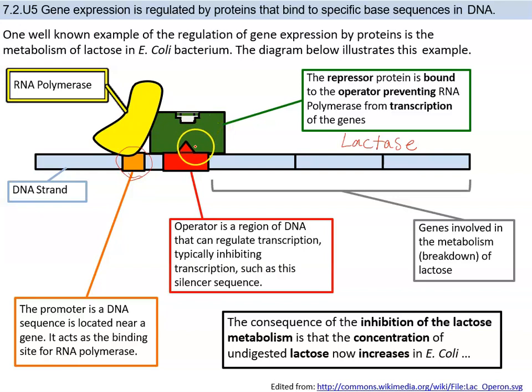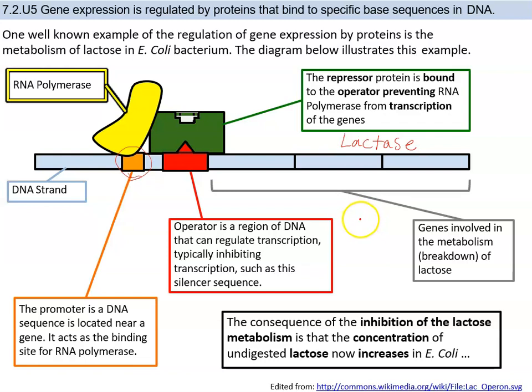So the repressor binds to the operator and doesn't allow gene expression, so there is no transcription over here. This is exactly the same as the silencer example that we had. In this case we have a silencer attached to our operator, but we don't call it a silencer here, we call it a repressor protein.